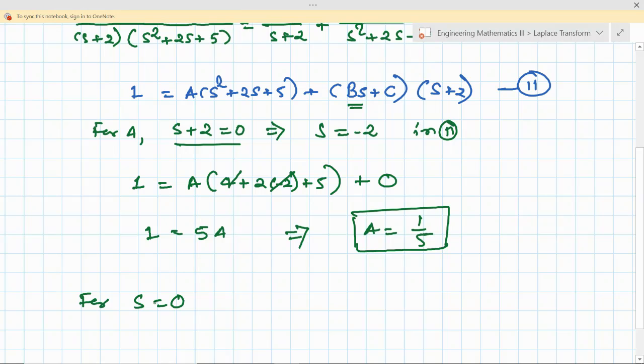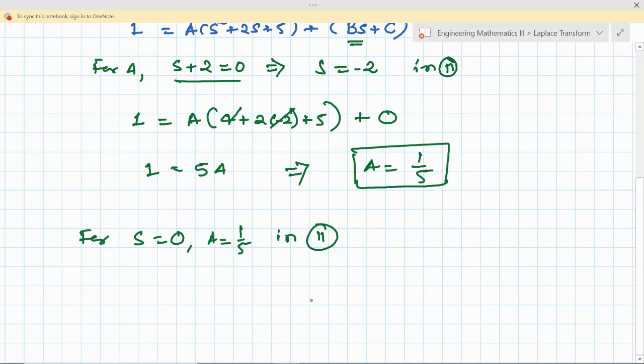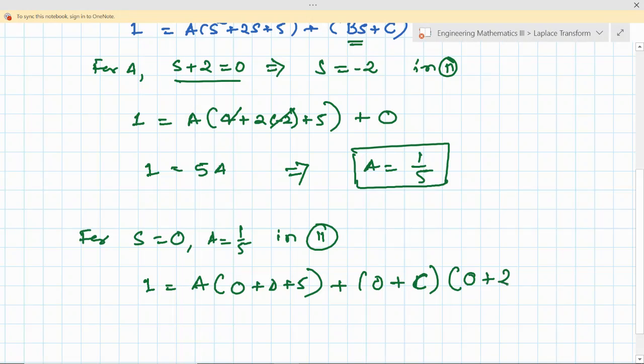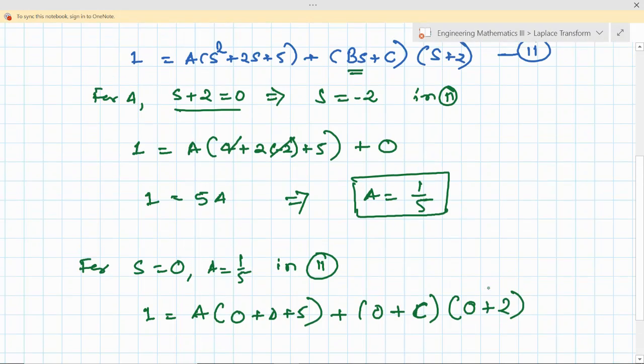We have the value of a. S is equal to 0, a is equal to 1 by 5 in equation number 2. So see what I get here. This is 1 equal to a into s is 0, so 0 plus 0 plus 5 plus this becomes 0 plus b, sorry, 0 plus c into 0 plus 2, like this, isn't it?